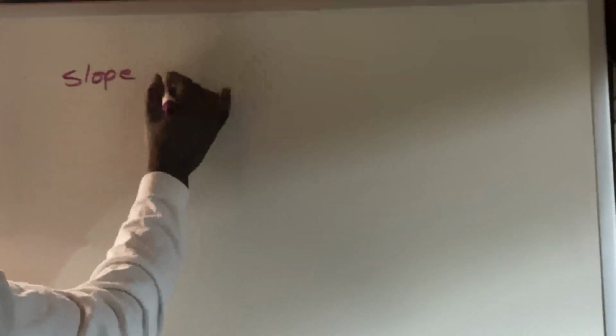All right, so next we're going to be dealing with graphing using the slope and y-intercept. But first we need to know what the slope is. We know that the slope is denoted by m.